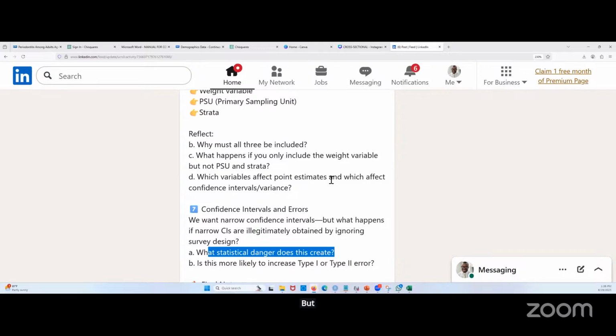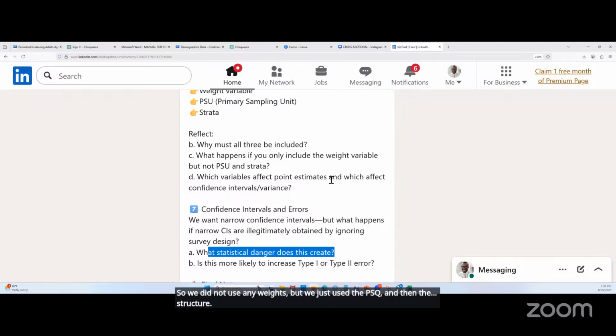But we didn't use any weight because we used the census of the data. I want to know how correct that would be in this context, or should I have used a weight? We used the census because we thought all the eligible population had an equal chance of selection. So we did not use any weights, just the PSU and the strata. Will it be a correct method, or would there be a different approach?